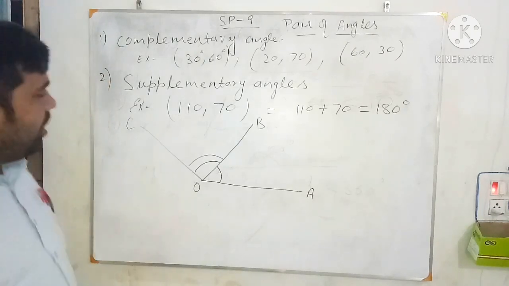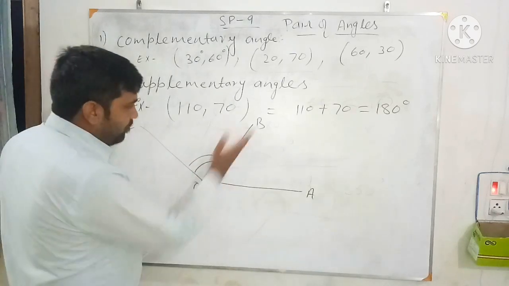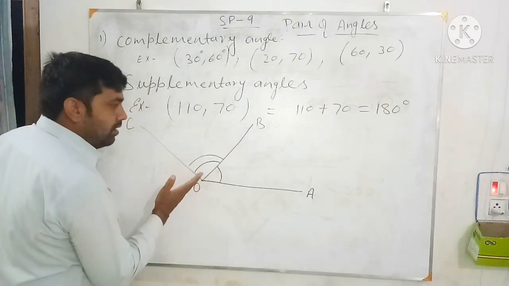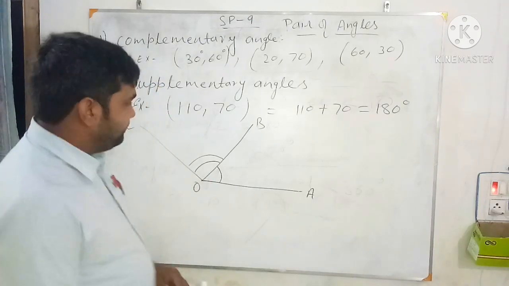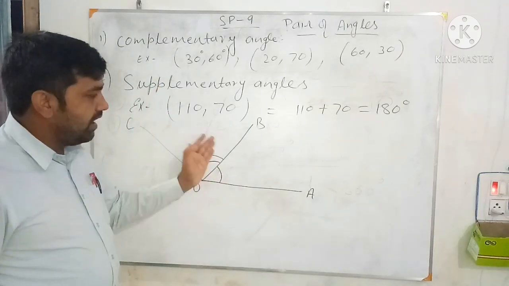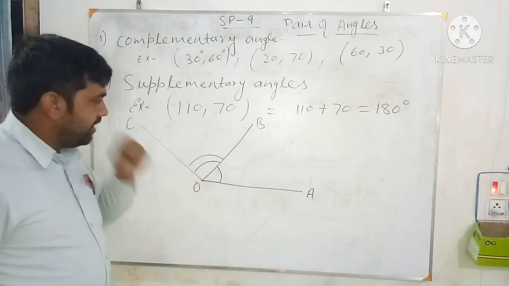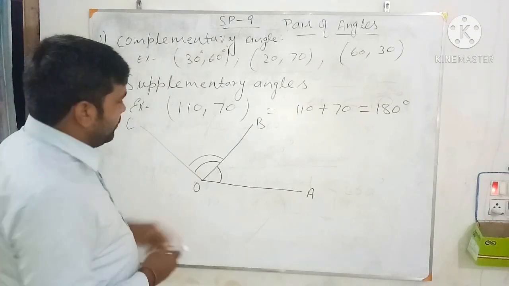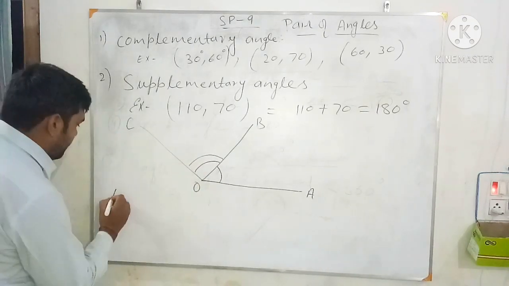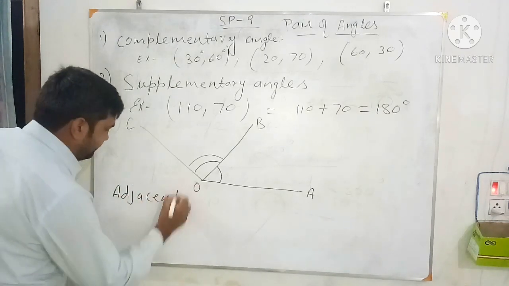In adjacent angles you always find one arm is common. See here, in both the angles arm OB is common. So whenever there is a common arm, then on both sides of the common arm you will get two angles, and those two angles are adjacent angles.